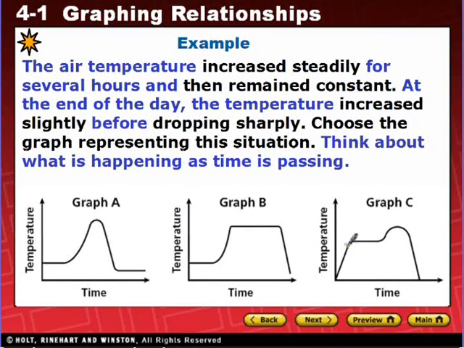So I'm thinking it should be graph C. Let's make sure it matches the rest of the story. Then it remained constant, so it should be flat, and it is. At the end of the day, it increases slightly before dropping sharply. Okay, so B is also missing the increase toward the end before the drop, and A does have an increase, but it has a big increase, not a little one. So graph C should have been what you picked.